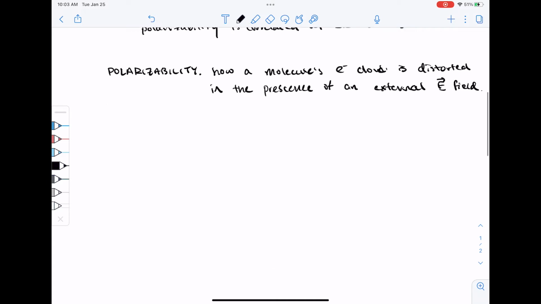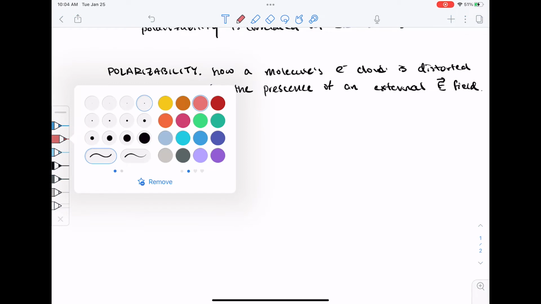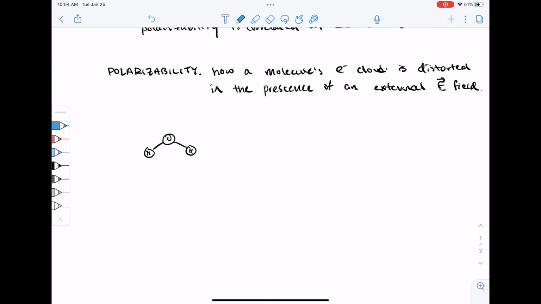So if you have a molecule, any molecule, let's say water, and you place it in an electric field, that molecule, the water, will eventually have an induced dipole pointing in some direction, often in the same direction as the electric field. And this induced dipole is called mu star.